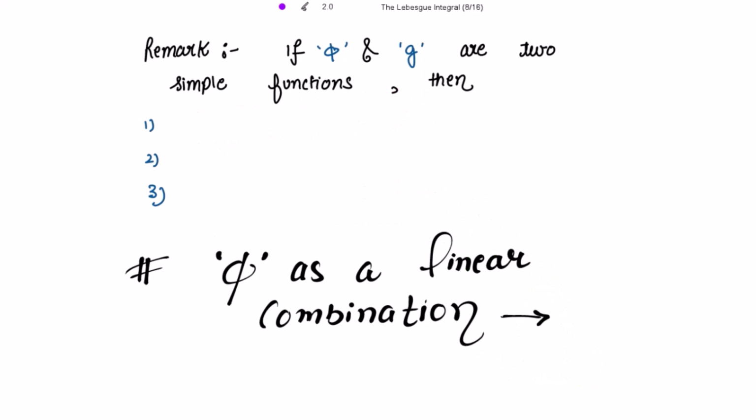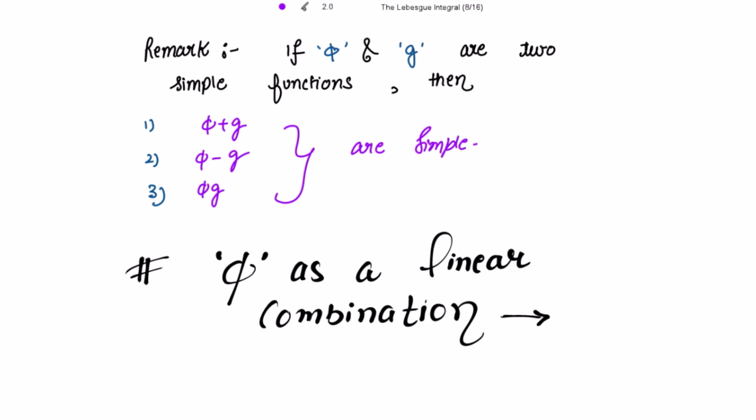Then there is a remark. Suppose I have two simple functions, phi and g. Then their sum, their difference, and their product are simple. Please note this as a remark.